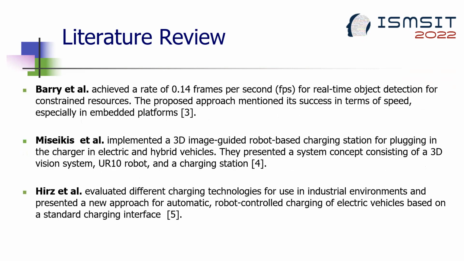Thirdly, Barry et al. achieved a rate of 0.14 frames per second for real-time object detection on constrained resources, for example GPU devices like Raspberry Pi or Jetson Nano. The proposed approach showed its success in terms of speed, especially on embedded platforms.